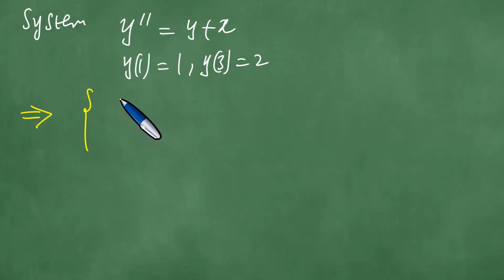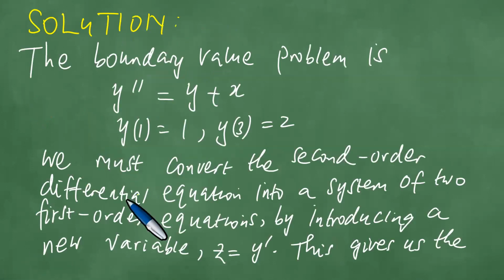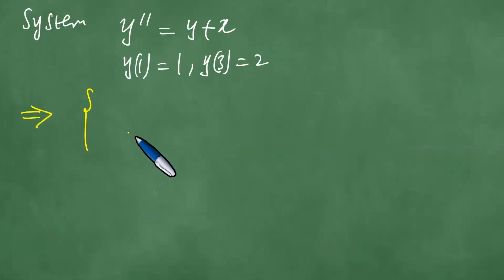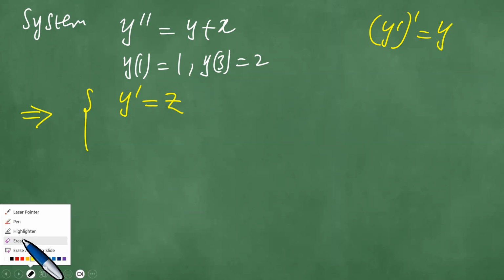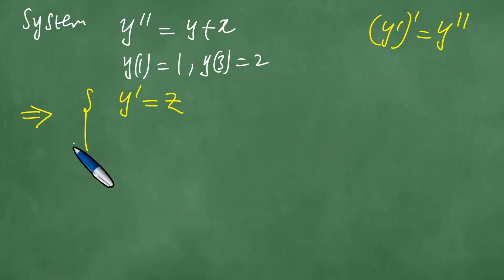So how do you do that? We take one of the y primes and we call it z. So z is y primed. So we have here that y primed is equal to z. That is a substitution, because there's a y primed and there's another primed. So in other words, it's y primed, which is y double primed. So we take that and we break it down into the first order.